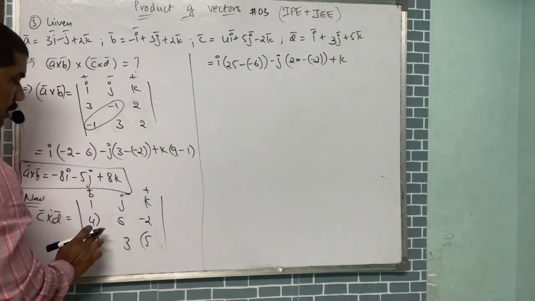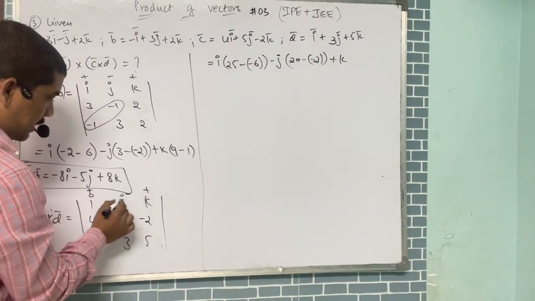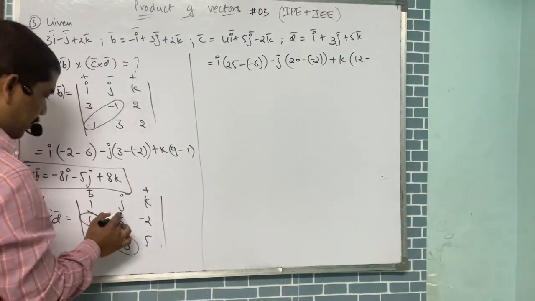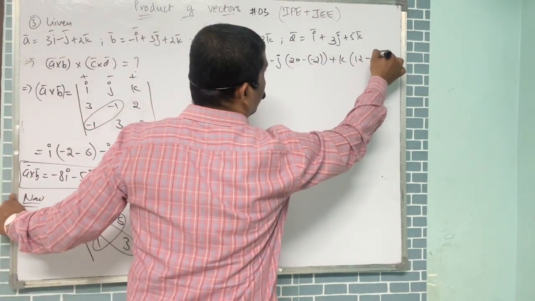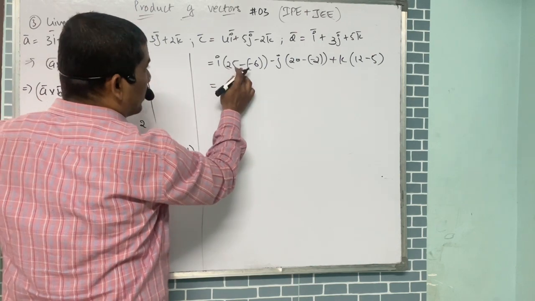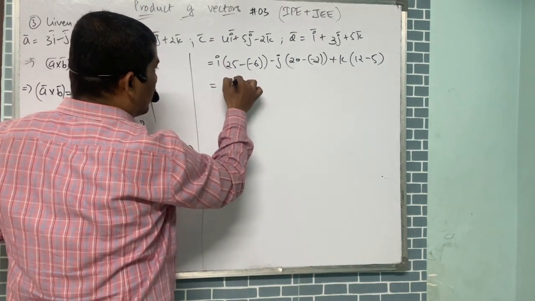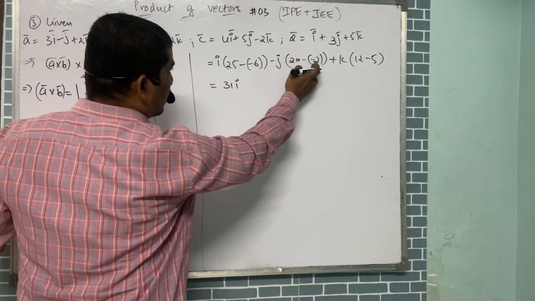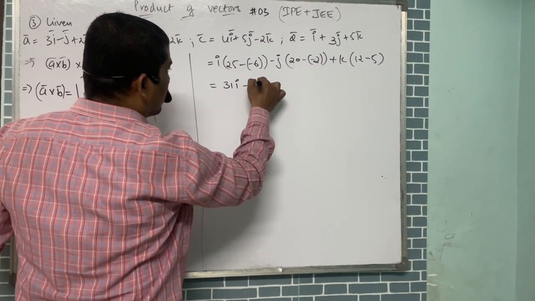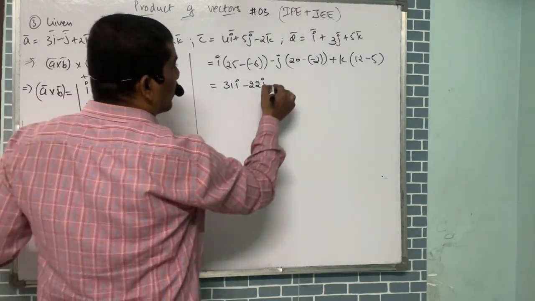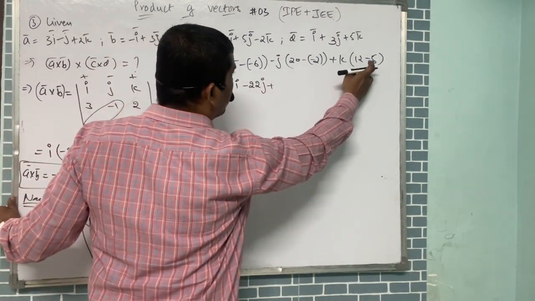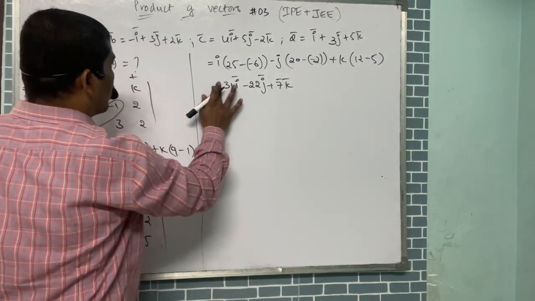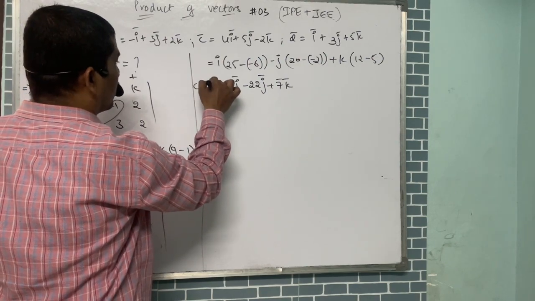See, minus 21 minus 2. Next K, AD 4 3 are 12 minus BC 5 1 are 5. Okay, so minus into minus plus. So this is 31I, minus into minus plus 2 20 plus 2 22. So minus 22J plus 12 minus 5 7K. So this is our C cross D.